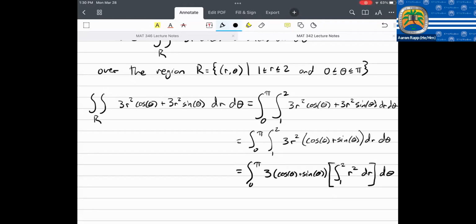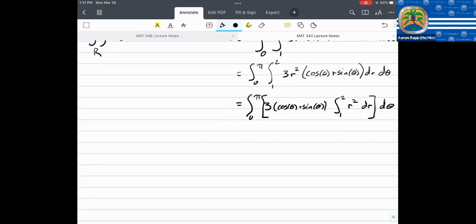This trick of seeing these nested integrals might help if I do that instead. So then, what's the antiderivative of r squared? r cubed over 3.